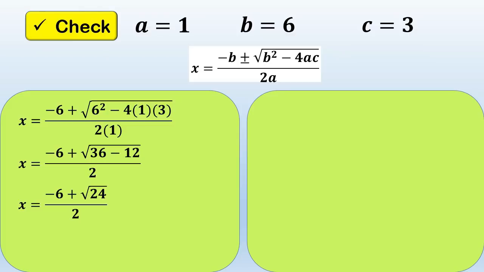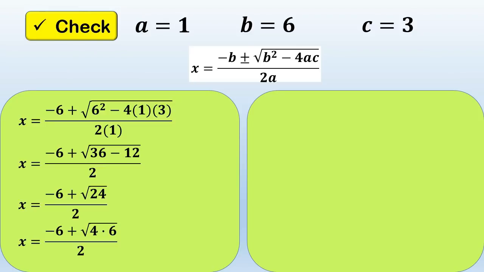So what we are going to do here is to simplify the radicand. So we have here now negative 6 plus, since 24 is not a perfect square, what happens is we just copy it. Since 24 is not a perfect square, what we're going to do here is to identify the factors of it.